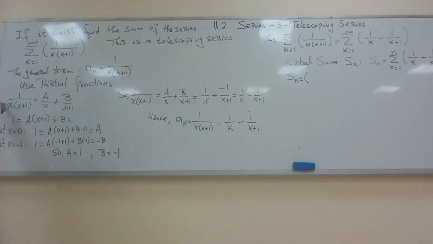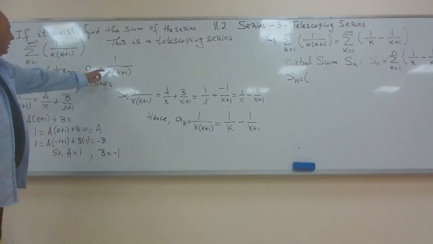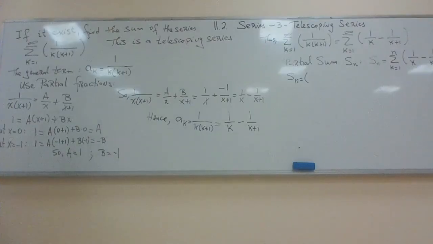Obviously, for x going from 1, 2, 3, 4, 5, 6, this partial fraction is exactly the same as our general term. I know here we are using x's 0 and negative 1, even though here k is from 1 to infinity. This is discrete. This is like a function of x.